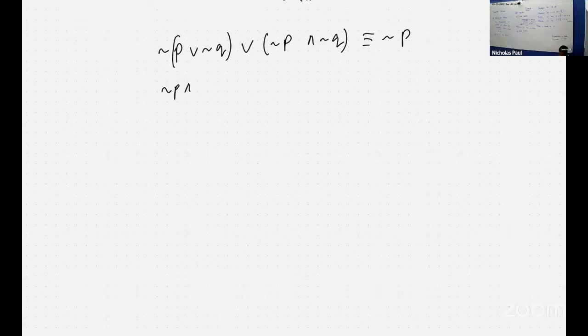So what you want to do here now is try to use the distributive law and expand it out. So you'll get negation of P and Q, or negation of P, that's one.